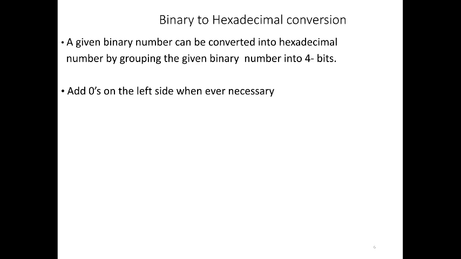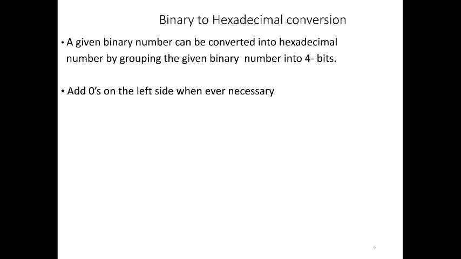If zeros were not sufficient in the integer part, we added zeros to the left side. And if the bits were not sufficient to my right side after the point, in my fractional value, I added zeros to the right side. When it is integer, I add zeros to the left side. If it is the point value, then I add to the right side.